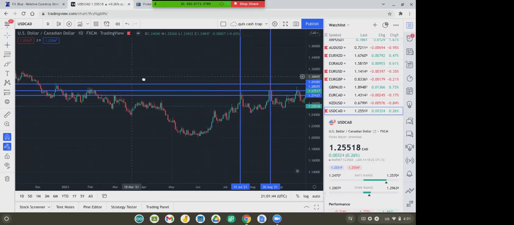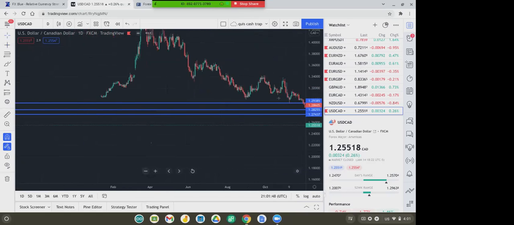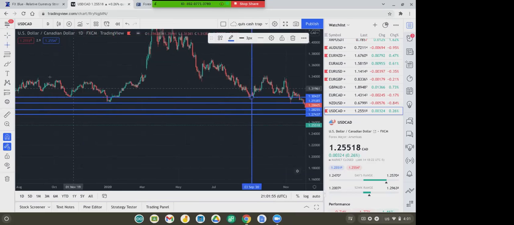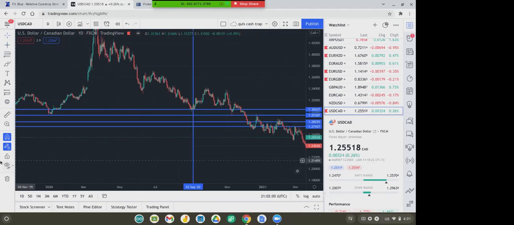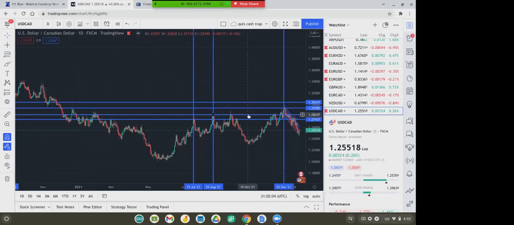Let me see. This is a support right there. So let me color code these. These are some resistances. Go up.